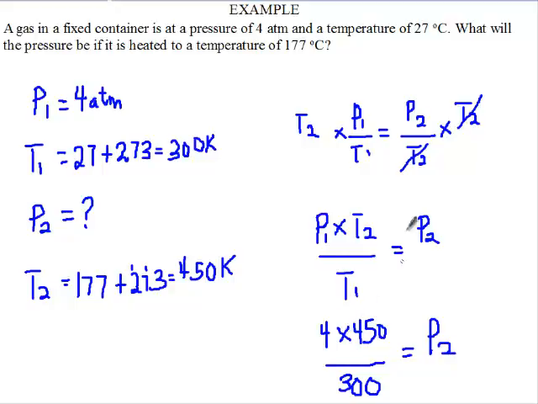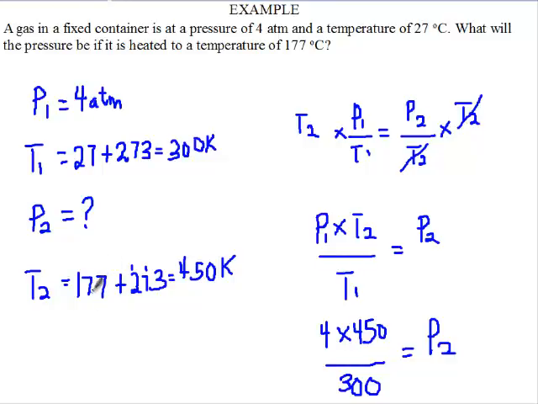So from here, let me go over what we've done so far. We were given P1 to be equal to 4 atm. We were given T1, the initial temperature, to be equal to 27 degrees Celsius. Now we don't need our temperature in degrees Celsius, so we change to Kelvin. We were asked to find our pressure 2, which we did not know. But we were given the temperature 2, or the final temperature, to be equal to 177 degrees Celsius.